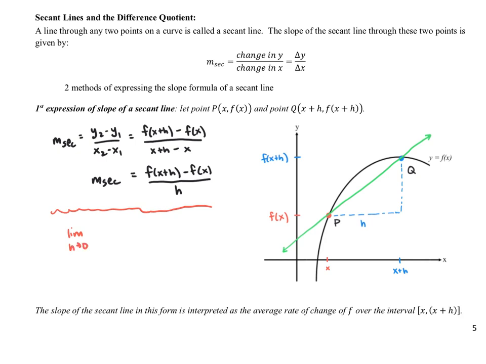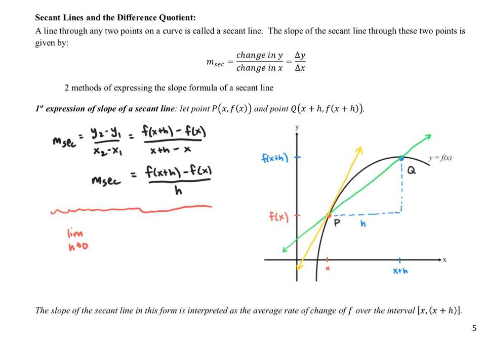In other words, what we're doing on our graph here is we're sort of thinking of this as moving, you know, if h is going to 0, we're moving this point Q closer and closer to P. Think about what that is going to give you. What type of line is that going to approach? If h is going to 0, that's going to basically give you a tangent line at P.